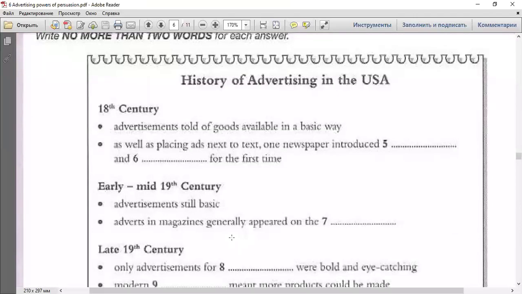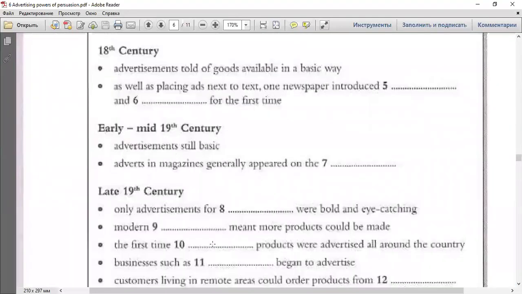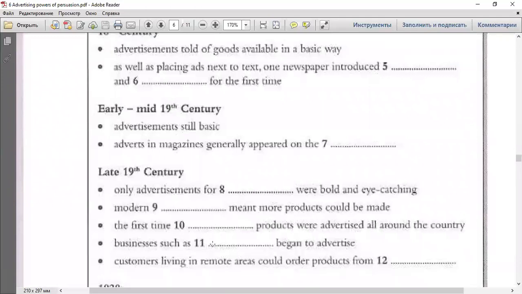Adverts in magazines generally appeared on the. So it says in the text that the magazines' ad styles were also restrained, with most publications relegating advertisements to the back pages, right? So the answer here will be back pages. Then number 8, late 19th century, only advertisements for were bold and eye-catching.